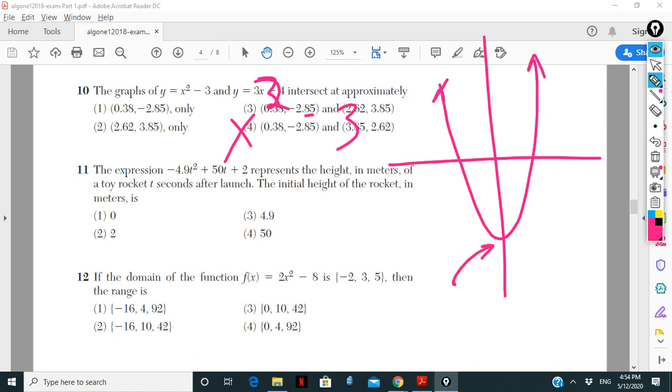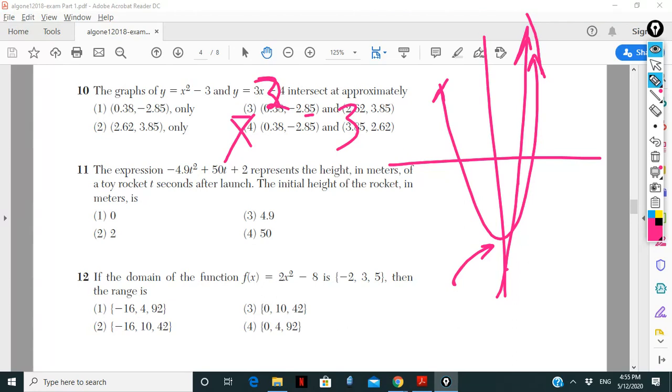Now, 3x minus 4. So when x is 0, it was -4. Okay, and when x is 1, it's -1. Okay, so you can graph it, and it's going to be intersecting at 2 points because of the slope.